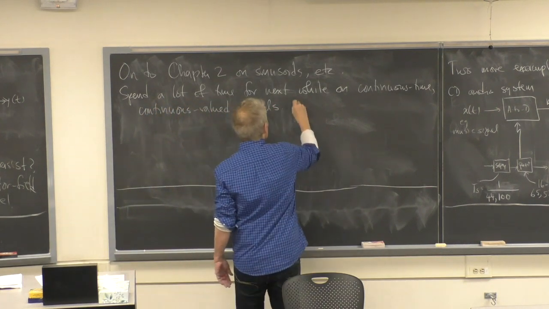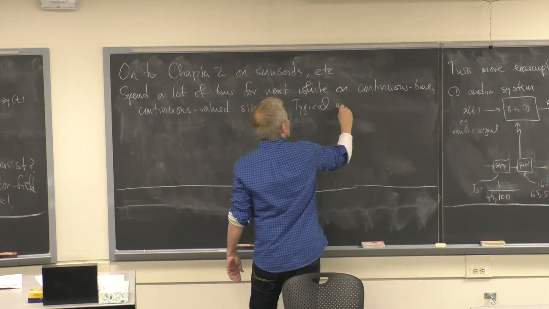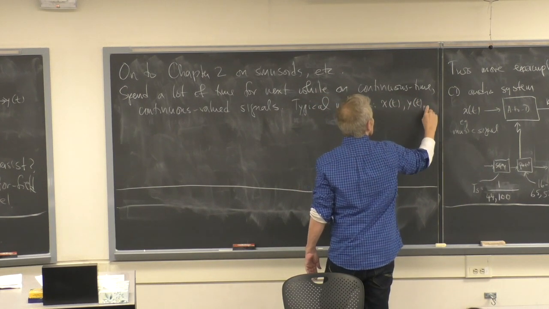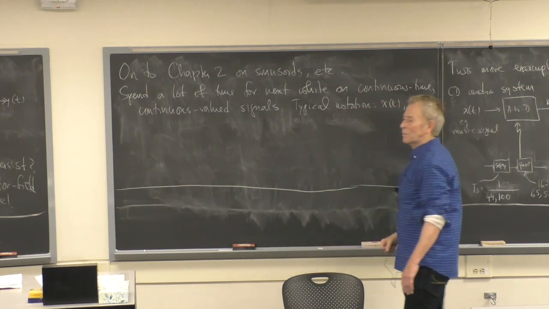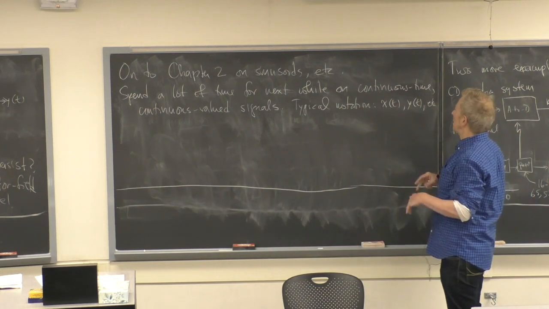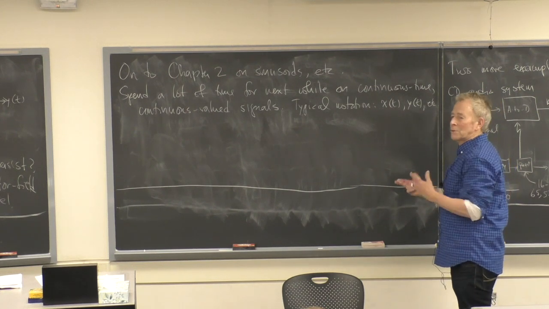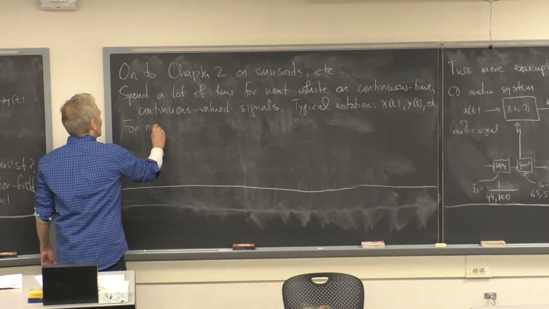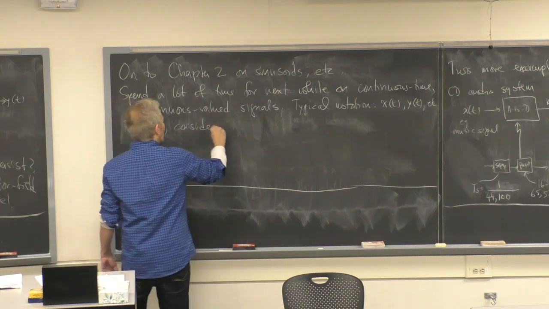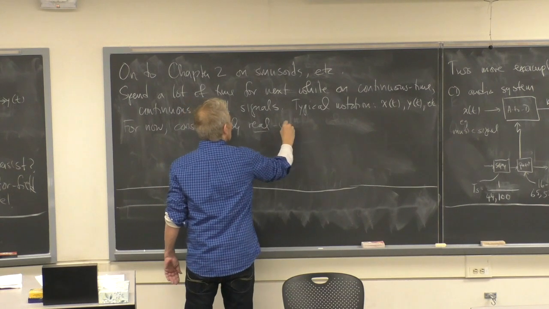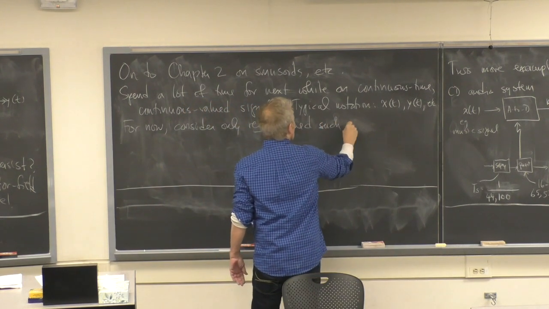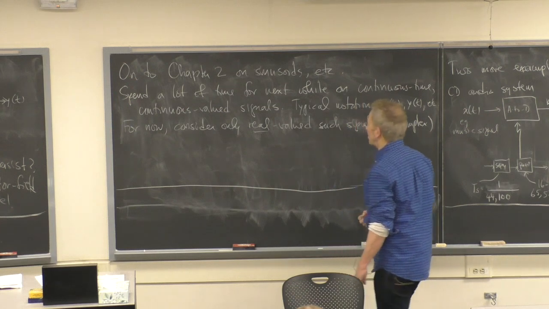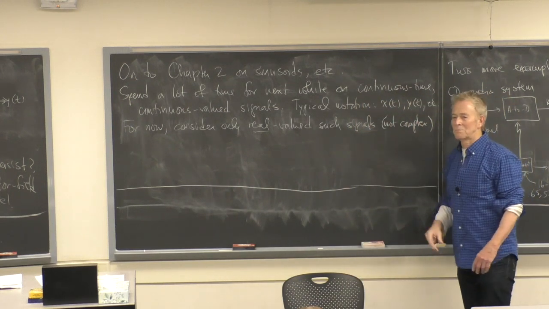And the typical notation is going to be like I've been writing: things like x of t, y of t, etc. The little t, remember, always represents a continuous time variable. And the continuous time, continuous valued signals are going to be either real or complex valued. But for now, let's consider only real valued such signals. So not complex. Because I want you to contrast here real versus complex as opposed to real versus bit string.